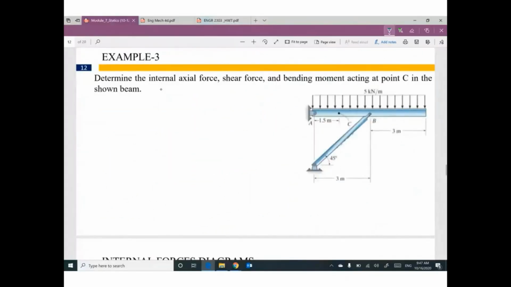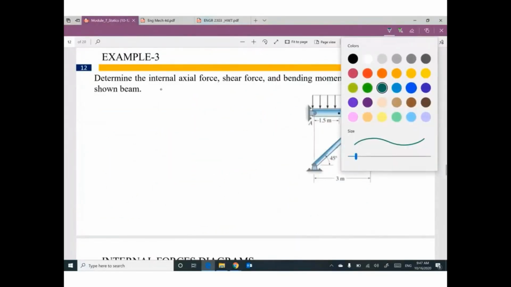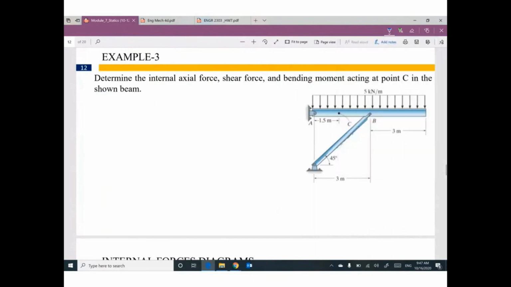I believe I covered this kind of problem in the reaction module. Do you remember? Anybody remember what is the meaning of this member? Two force member. What do I mean?